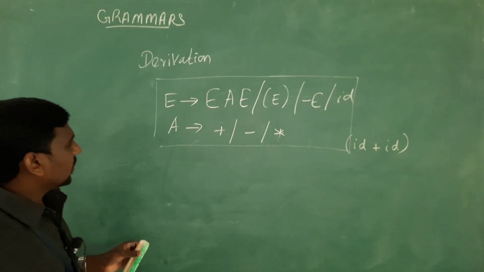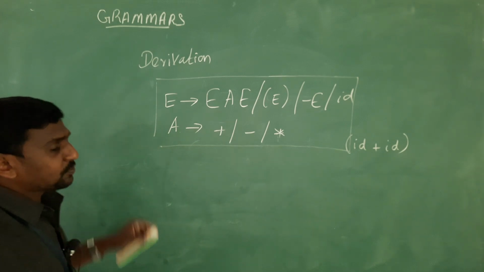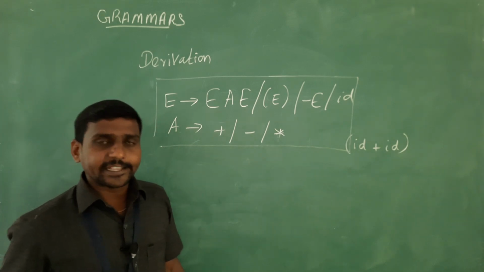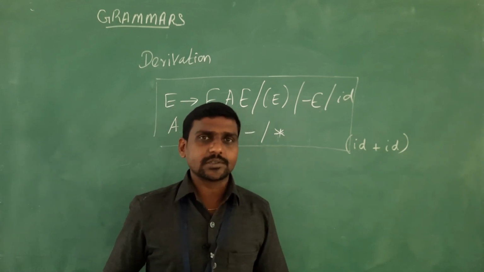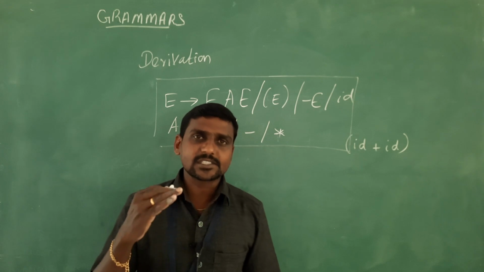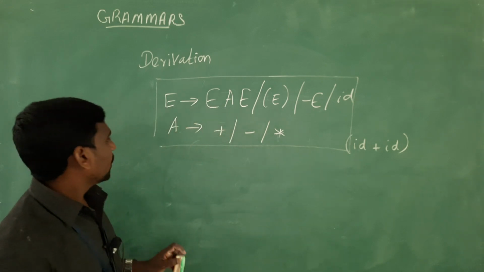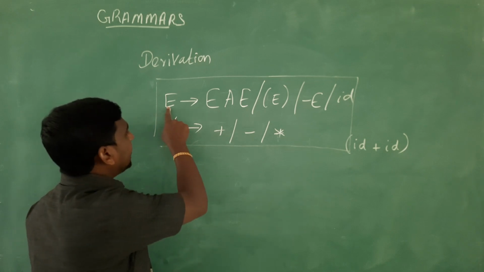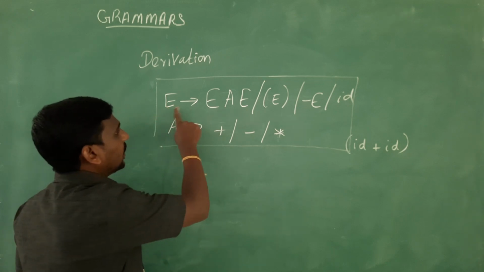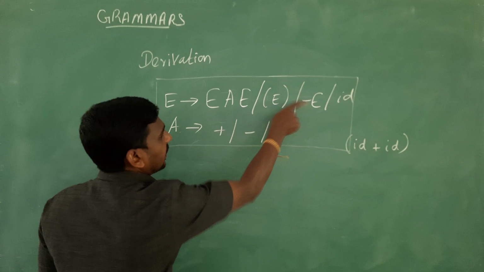Okay, so let's see what is derivation. Expanding the start symbol until the given string is reached. You should remember, you cannot expand A first. You can expand only E, the start symbol's production. Only E tends to 1 production, 2, 3, 4.